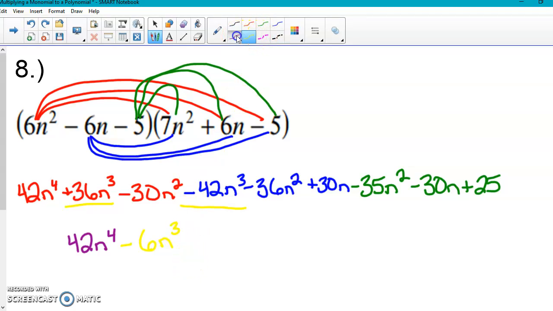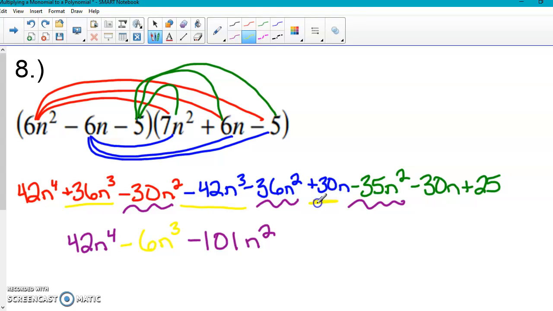Okay. All right. Go to our n squareds. I have one here, here, and here. So now I have 3 to combine. Negative 30, a negative 36, and a negative 35. So negative 30 plus negative 36 plus negative 35 is negative 101, and then keep your n squared.